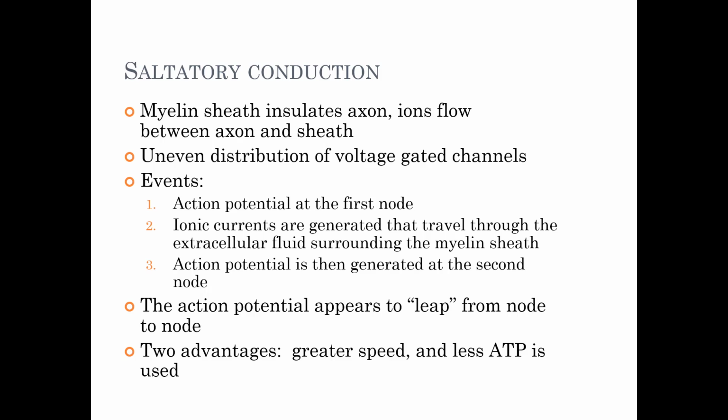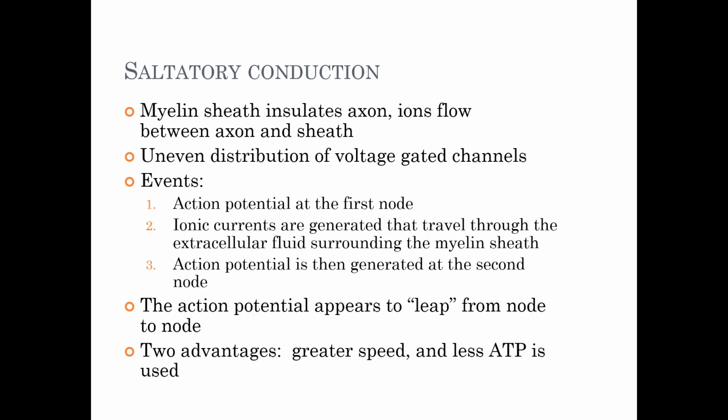So what happens is that there's an action potential at the first node, and then ionic currents travel in the extracellular fluid surrounding the myelin sheath, and then the action potential is generated at the second node. So all you need is enough of an ionic current to travel underneath the myelin sheath from one node to the other in order to cause a slight change in the electrical potential in that second node to minus 55 millivolts from minus 70.